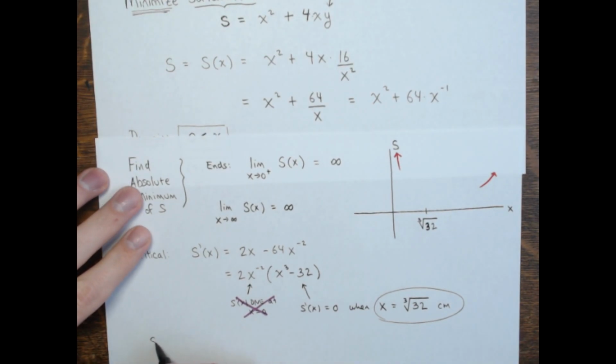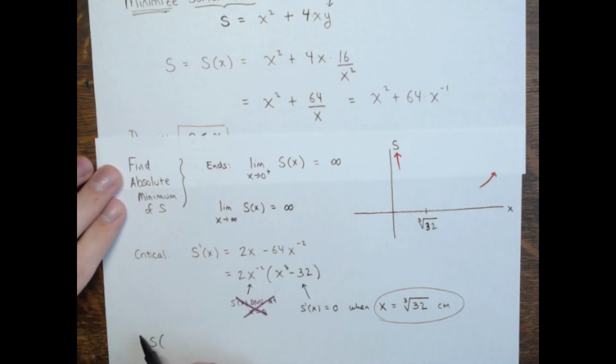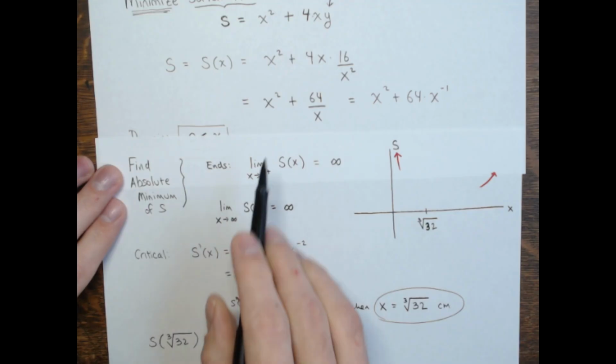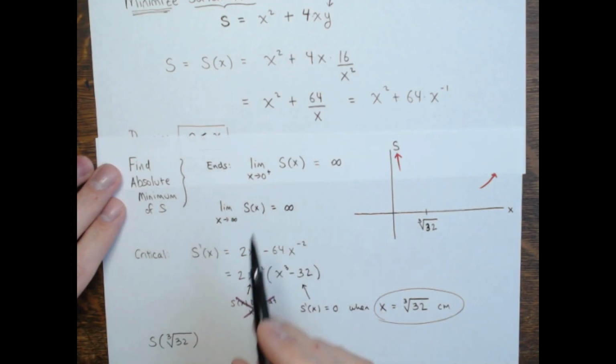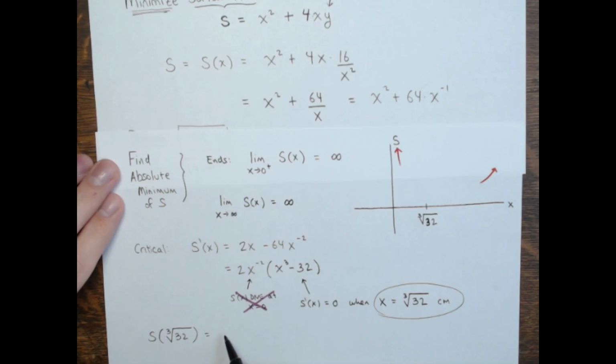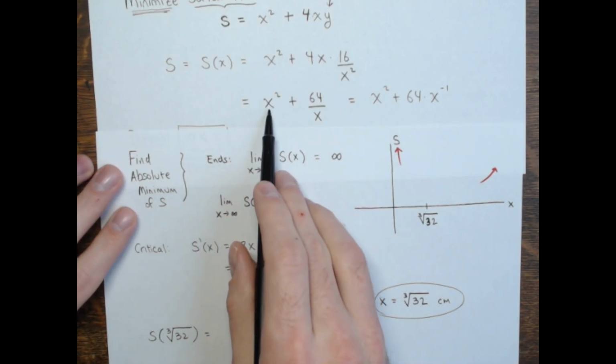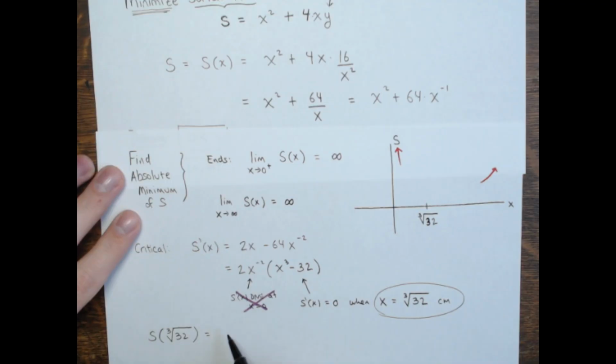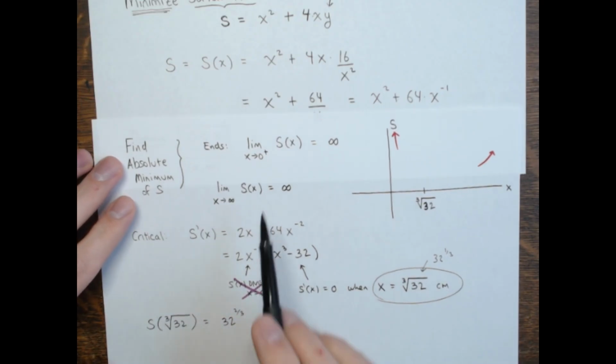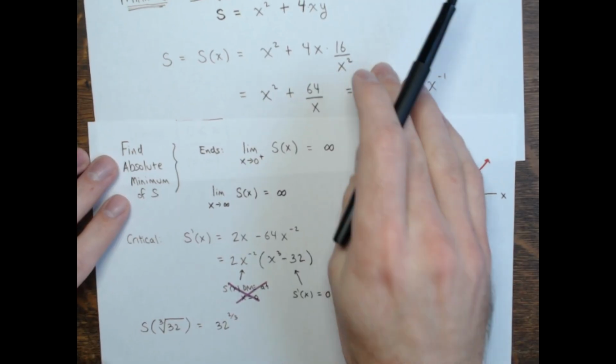And if you wanted the value of the surface area at the cube root of 32, I'm going to plug this into my surface area function. That would be the cube root of 32 squared, which I'm going to write as 32 to the 2/3 power. Remember, the cube root of 32 is the same as 32 to the 1/3, and when I square that, that'll be 32 to the 2/3.